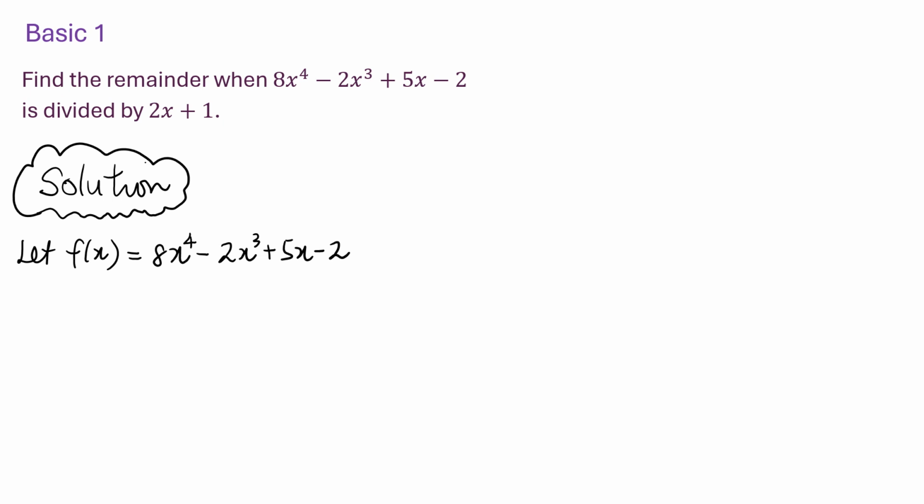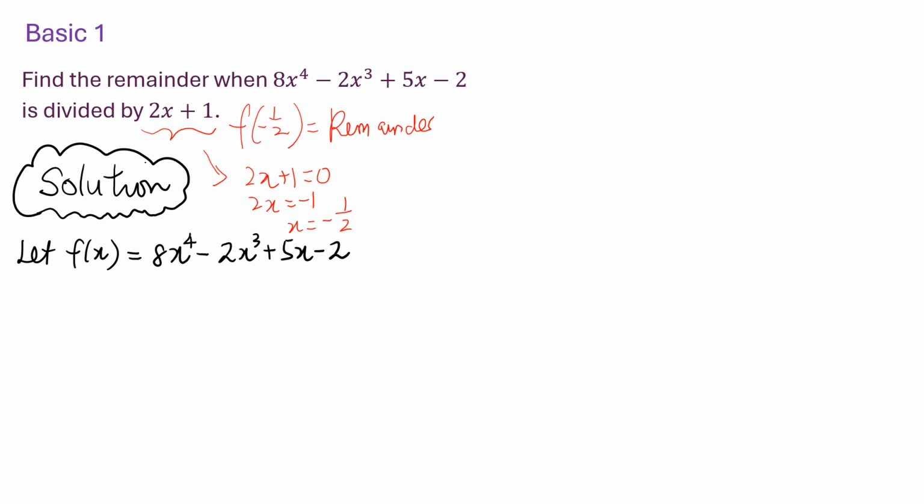In other words, f of negative half will allow us to find the remainder. And how do I get negative half? That is when I let the divisor equal to 0, and you'll get 2x equals negative 1, x equals negative half.